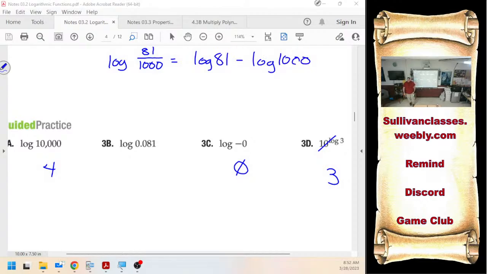But I still can't repeatedly multiply together tens to make 81, so I'm just going to have to jam it in my calculator. So you get approximately how much? I heard 0.92 and 0.68. Okay.